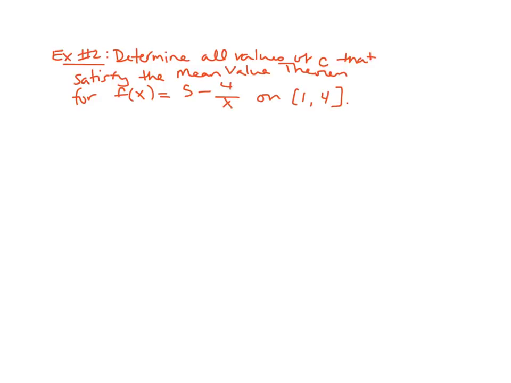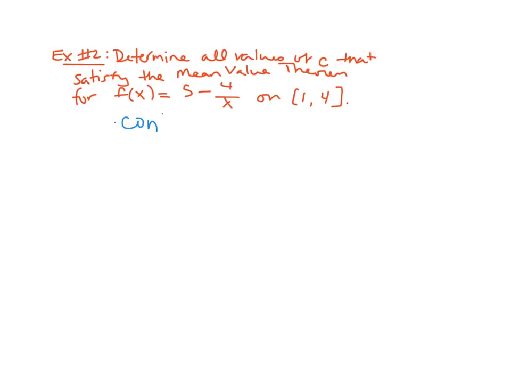So before we actually do the problem, we have to make sure that we can use the mean value theorem. And you might realize that this function is not continuous. It actually has an asymptote at x equals 0. However, we don't really care about what the function looks like at x equals 0 because our interval is only between 1 and 4.